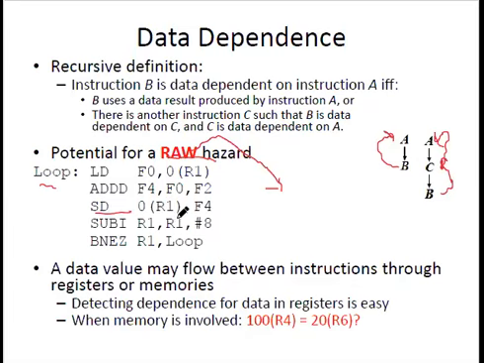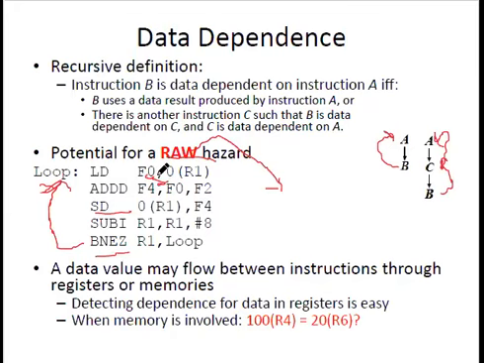Then SD stores F4 to 0(R1), then subtract R1. This is a loop process. R1 is decremented by 8. If it is not equal to 0, then again go to the loop and carry out the process.